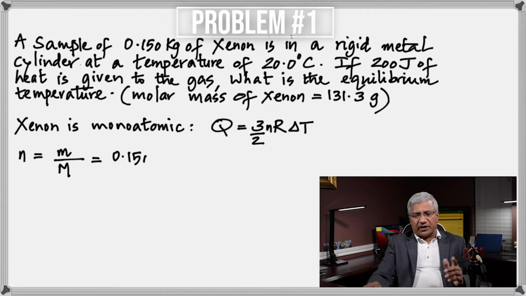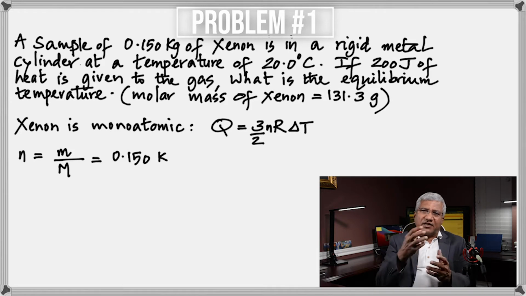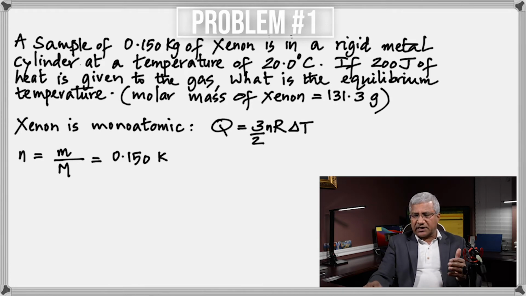First, we will find the number of moles by dividing the given mass with the molar mass. The given mass is 0.150 kilogram, and the molar mass in kilograms would be 0.131.